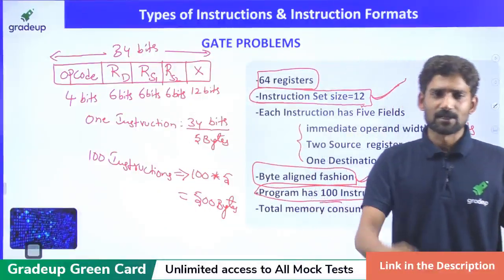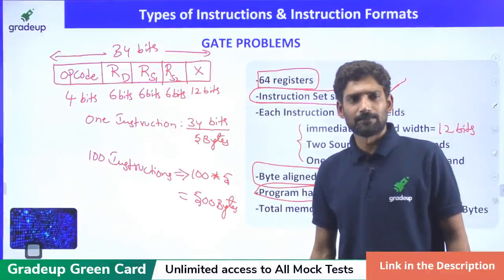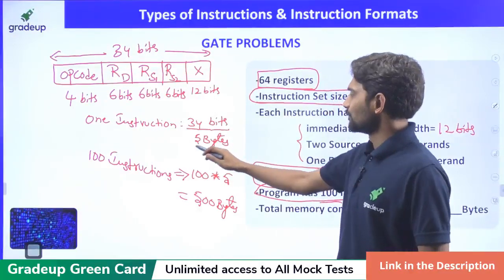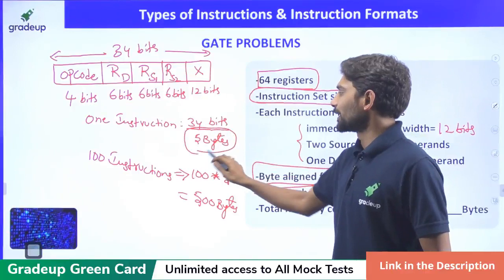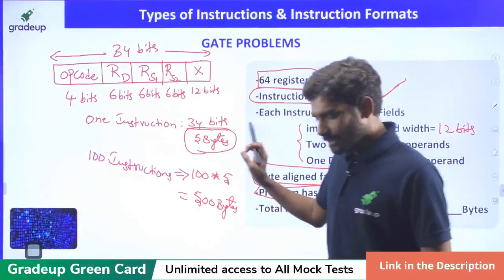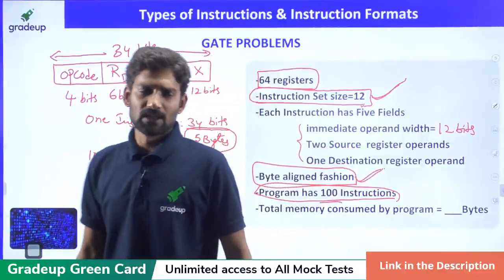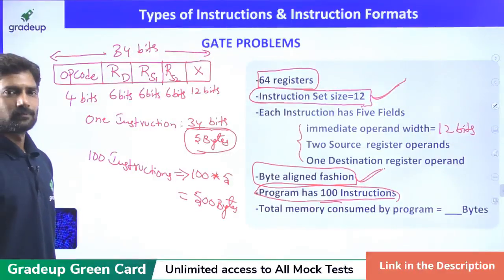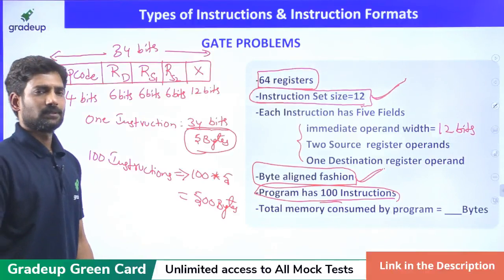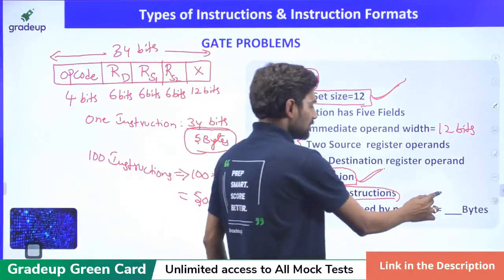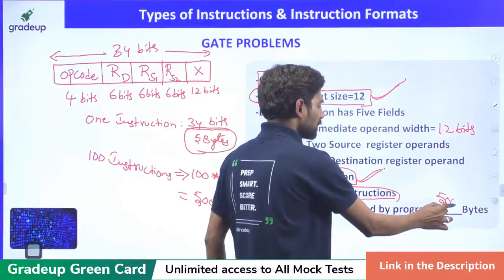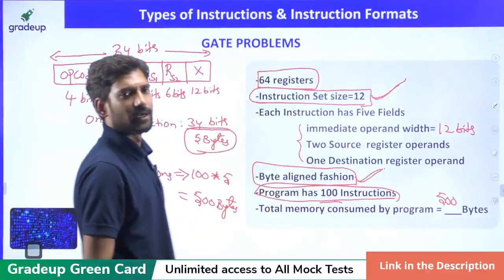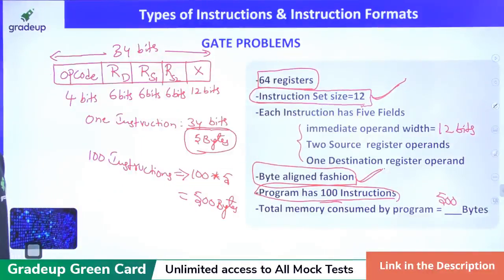No other instruction can make use of it. So every instruction will acquire 5 bytes. Just this is the trick. This is the point you should understand. The rest everything is simple. So what is the answer, guys? The total memory consumed by the program is 500 bytes. Okay.